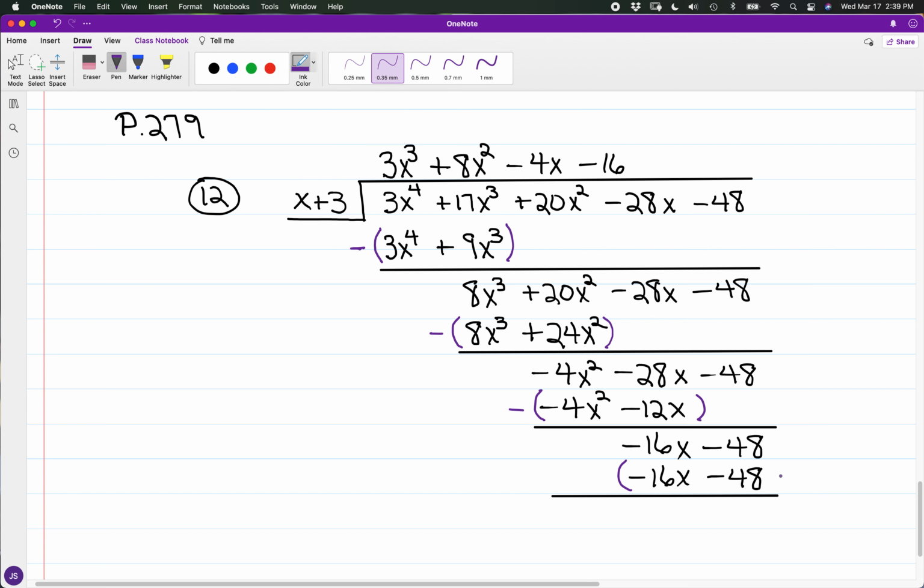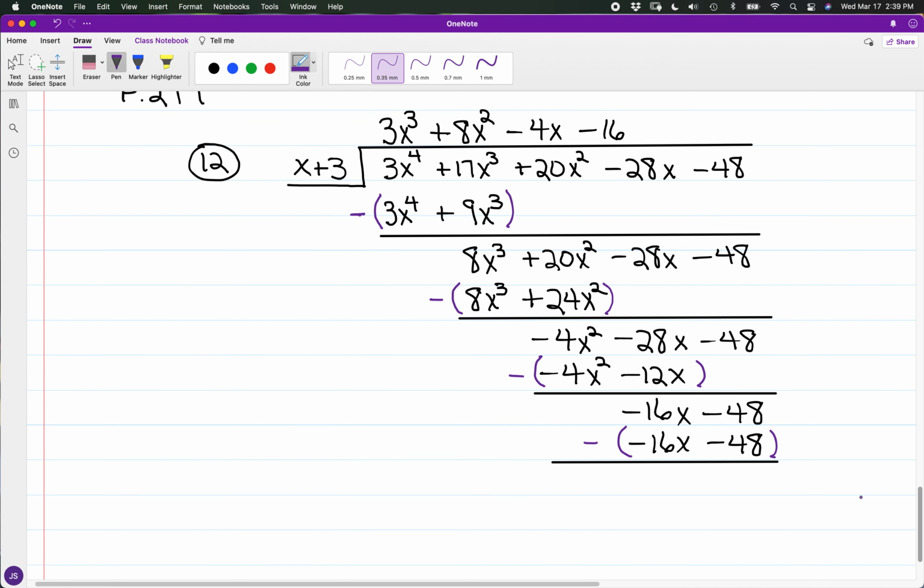With subtracting, you have negative 16x and plus 16x, negative 48 plus 48. And guess what? We're going to have complete cancellation.